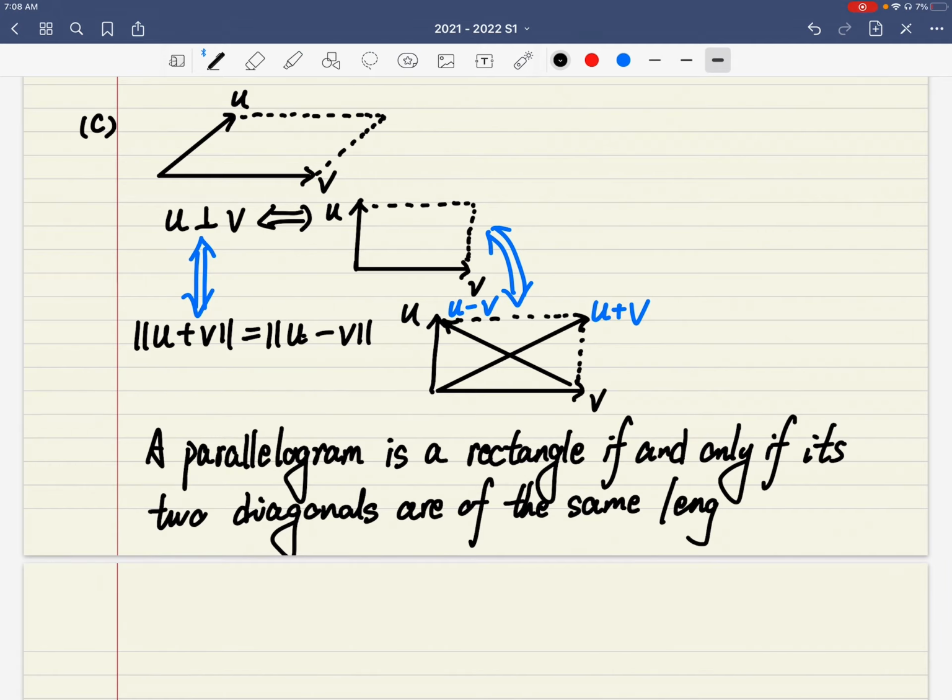Okay, this is the geometric meaning of this part.